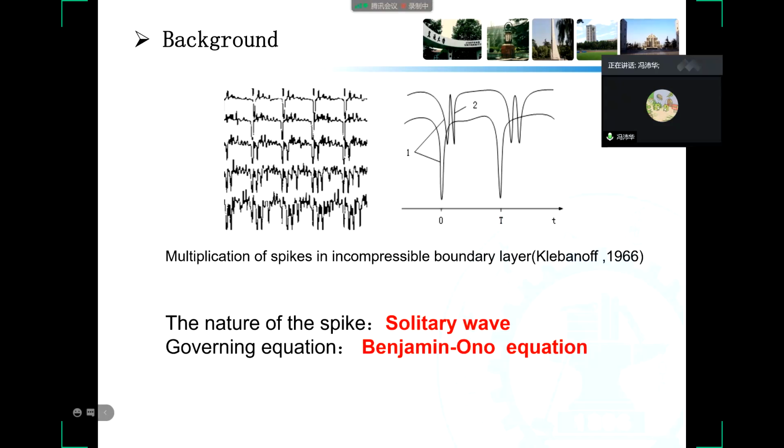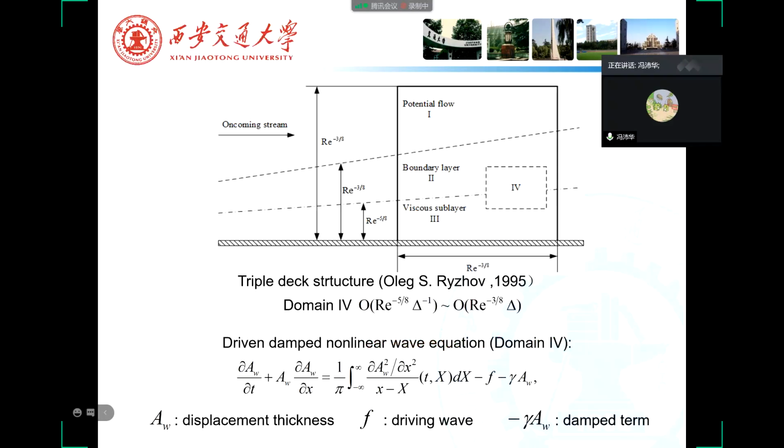Some scientists confirmed that the governing equation of this kind of phenomenon is the Benjamin-Ono equation, and we solve this Benjamin-Ono equation with some added driving forces.